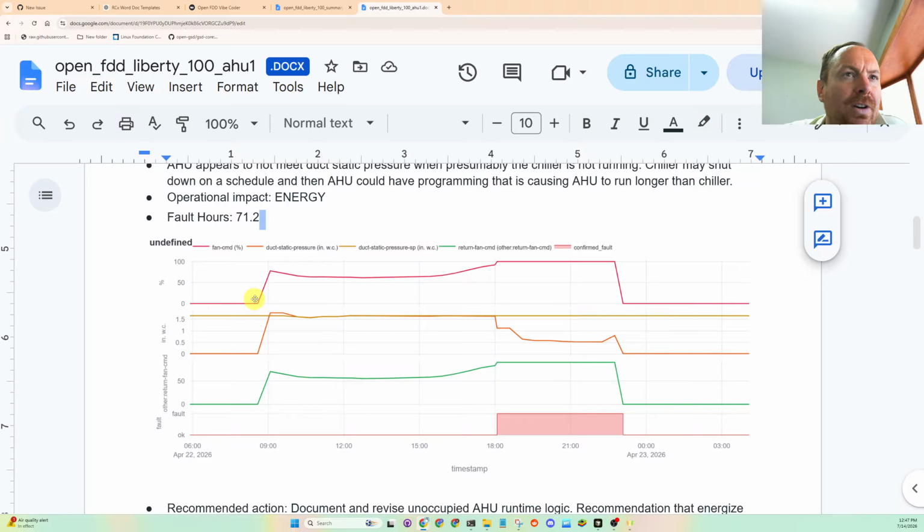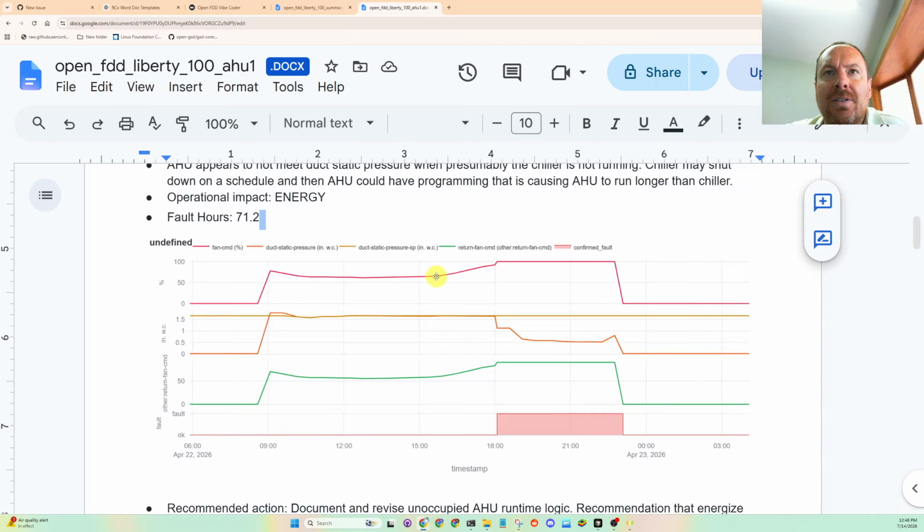The air handling unit starts around this time, so it goes from 0 to about 75% speed. This orange line here is the duct static pressure, and we saw in the graphic that the duct static pressure set point is 1.65. That immediately goes up to duct static pressure, and the fan even backs down a little bit. So that looks normal, no PID hunting.